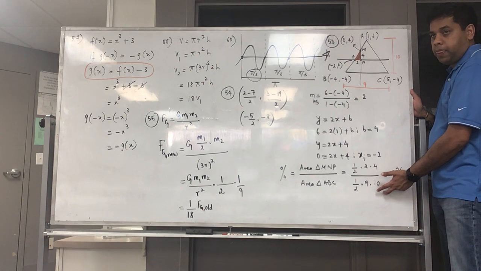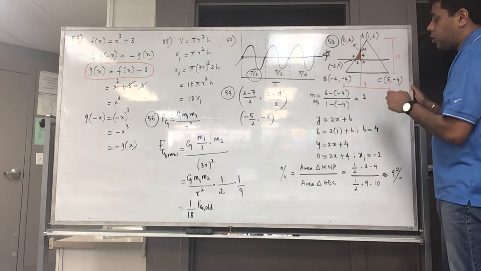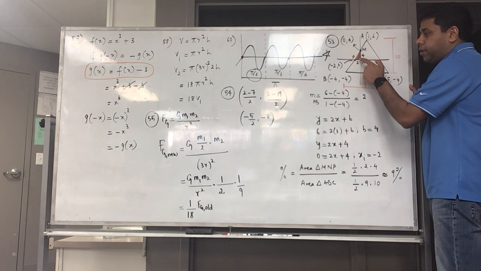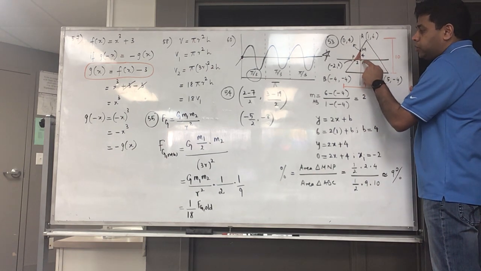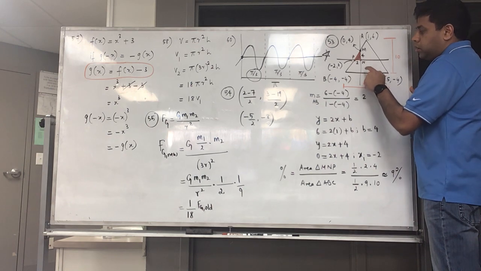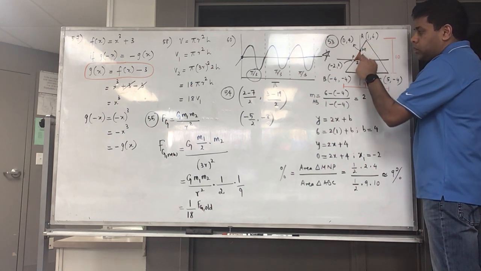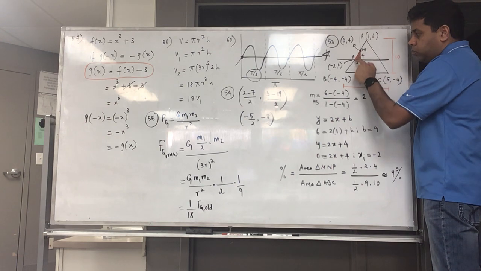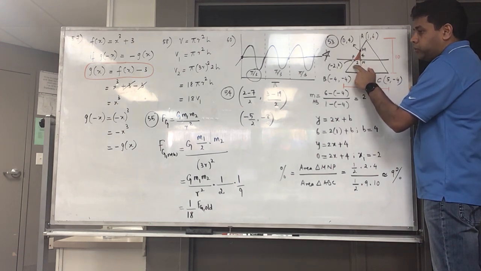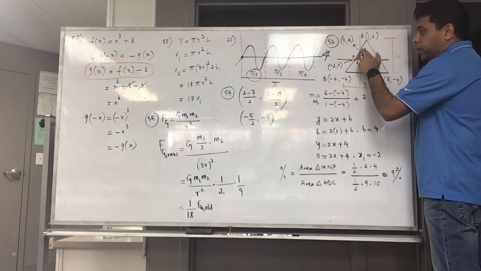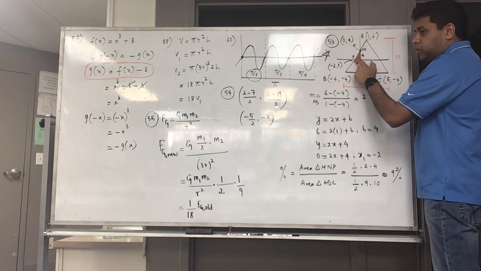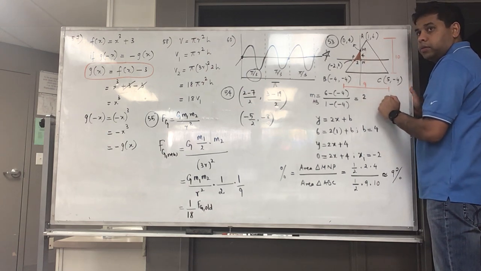Fair enough? Now, that was the easy part. The tough part was to find this area. So to find the area of this right angle triangle, I needed to know the slope, because if I know the slope of this line, then I can use the y equals mx plus b equation to find the y-intercept and the x-intercept of that line, which happen to be the base and the height of the triangle.